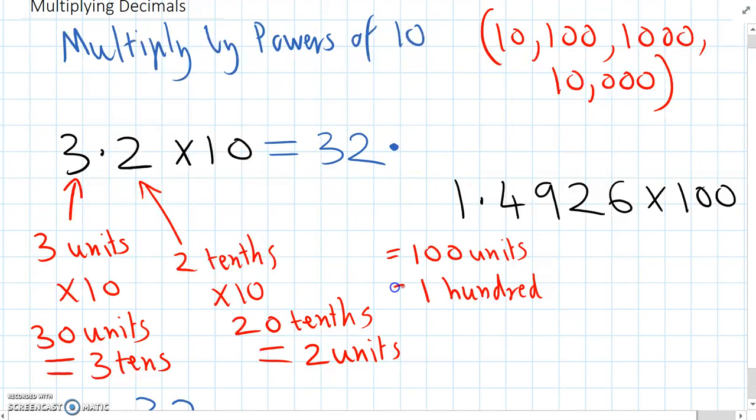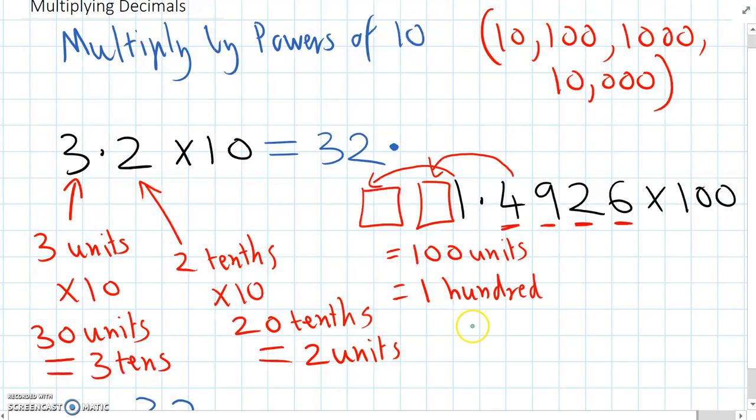And if we do that for every single place value, the tenths, the hundredths, the thousandths, and the tens of thousandths, we'll see that every place value jumps up by 2 places. So the 4 tenths will go from the tenths to the units.